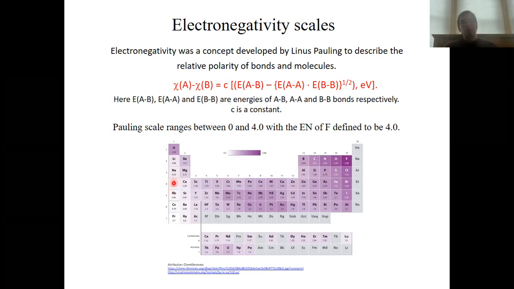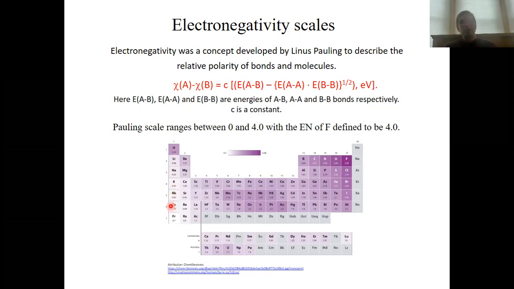So that overall, within a group, the electronegativity decreases down a group. So for instance, for the first group, the electronegativity decreases from the hydrogen to the lithium to the sodium to the potassium to the rubidium and to the cesium.